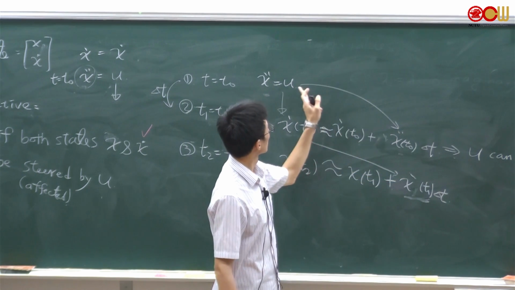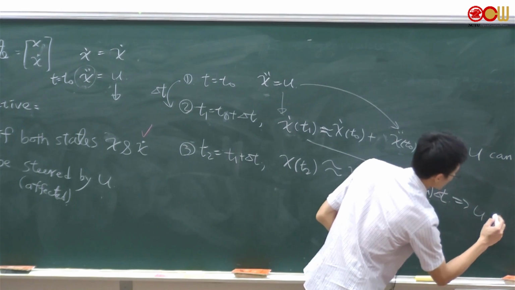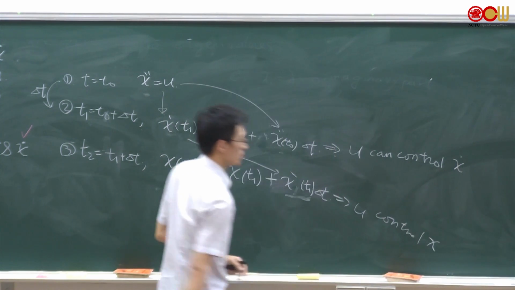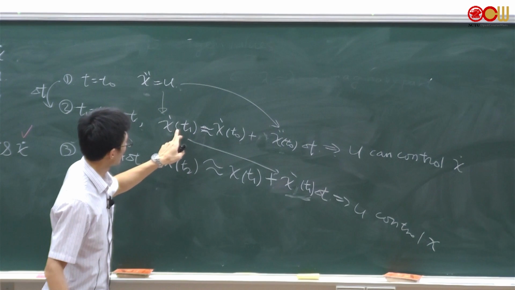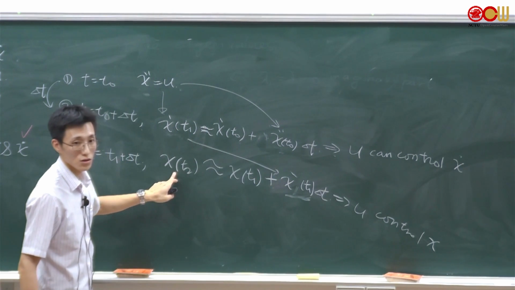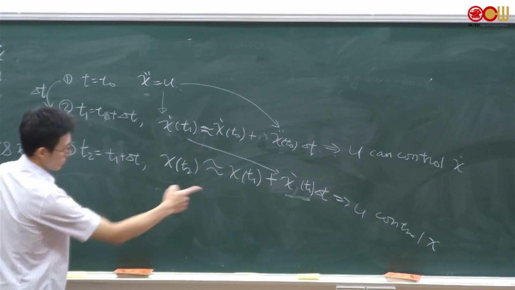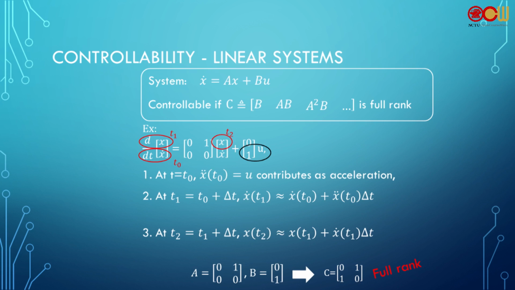And this comes from the control. So that means that if u is non-zero, it can control x, right? U can control velocity, and velocity can control your displacement, right? So you can control x. So this system is controllable.